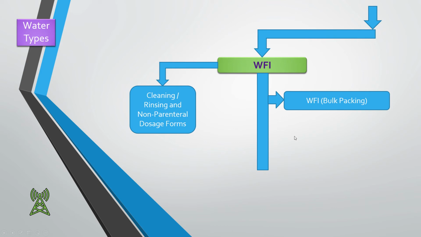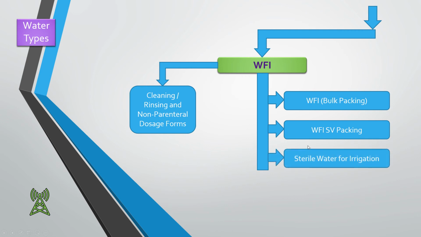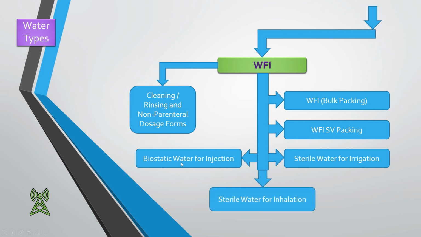Maybe it can be used for other purposes and packed in bulk for further use. It is also packed in small volume WFI ampules. It is also packed as sterile water for irrigation. It is also used for the production of bacteriostatic water for injection and sterile water for inhalation.